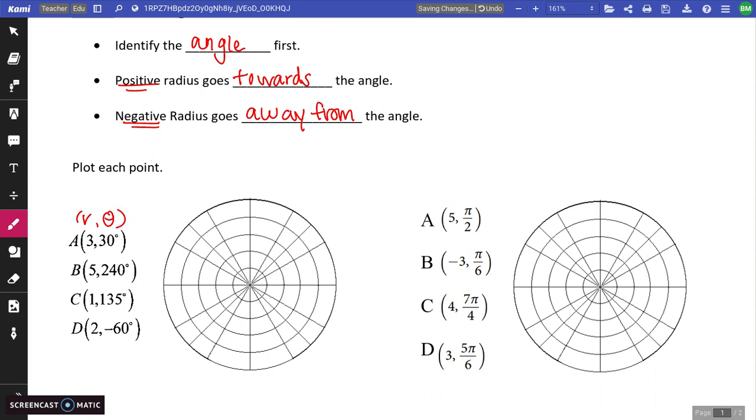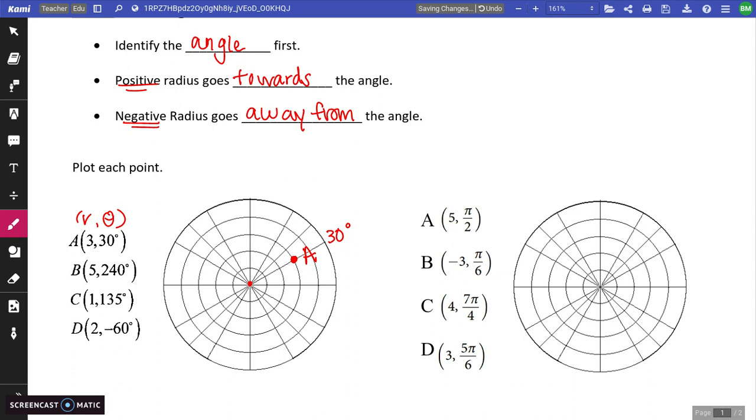So I'm going to find the 30-degree angle first. This blank graph here is a polar graph. Notice it's built with circles. So 30 degrees is in that first quadrant. Radius of 3 means count 3 units away. So that would be point A, away from the pole. So going towards the angle because it's a positive r.